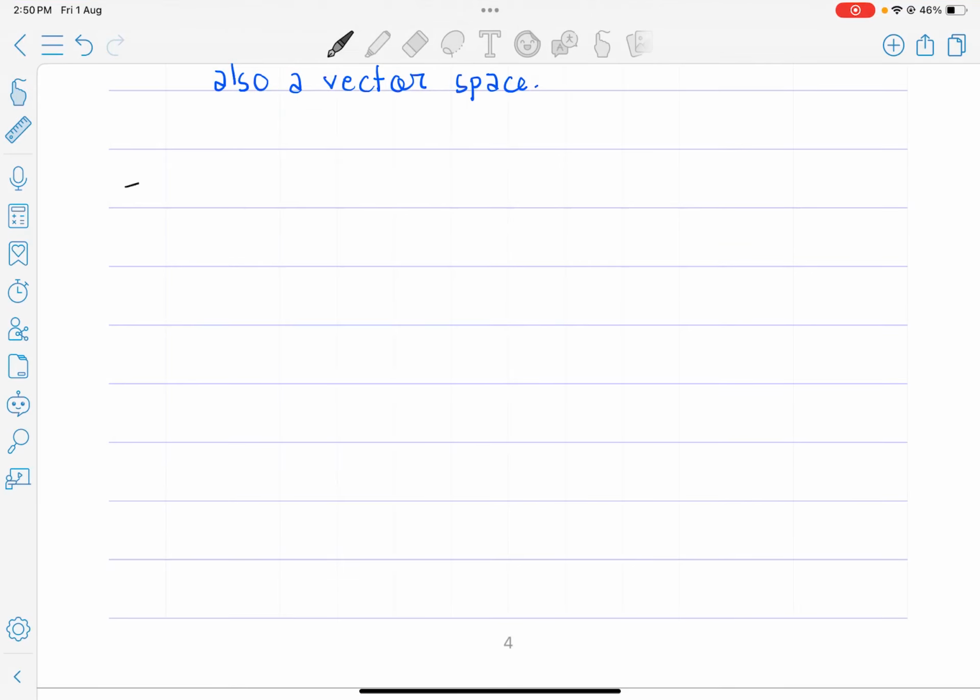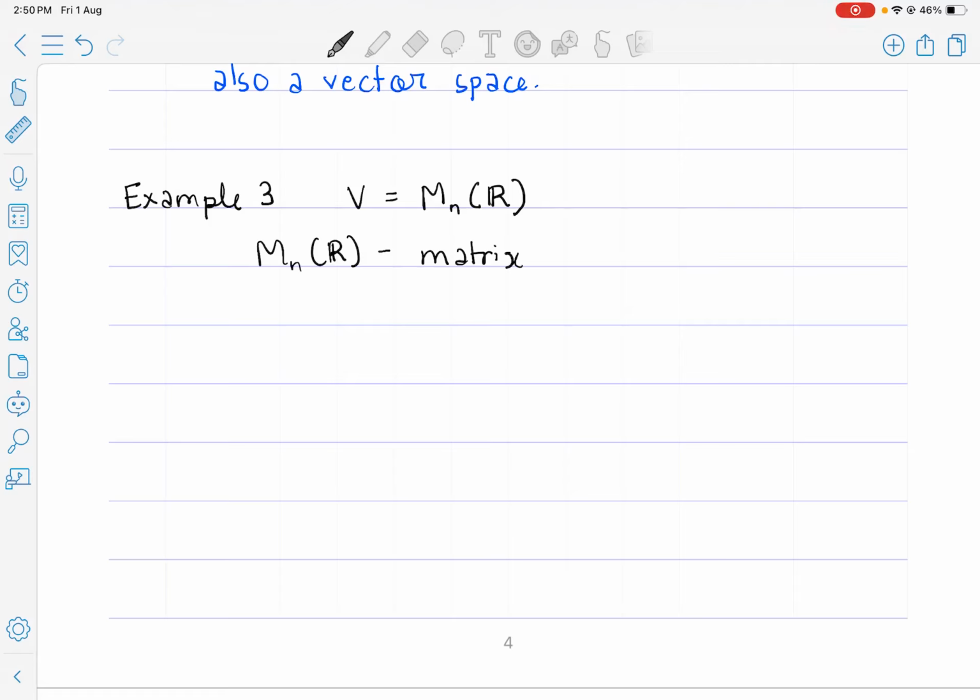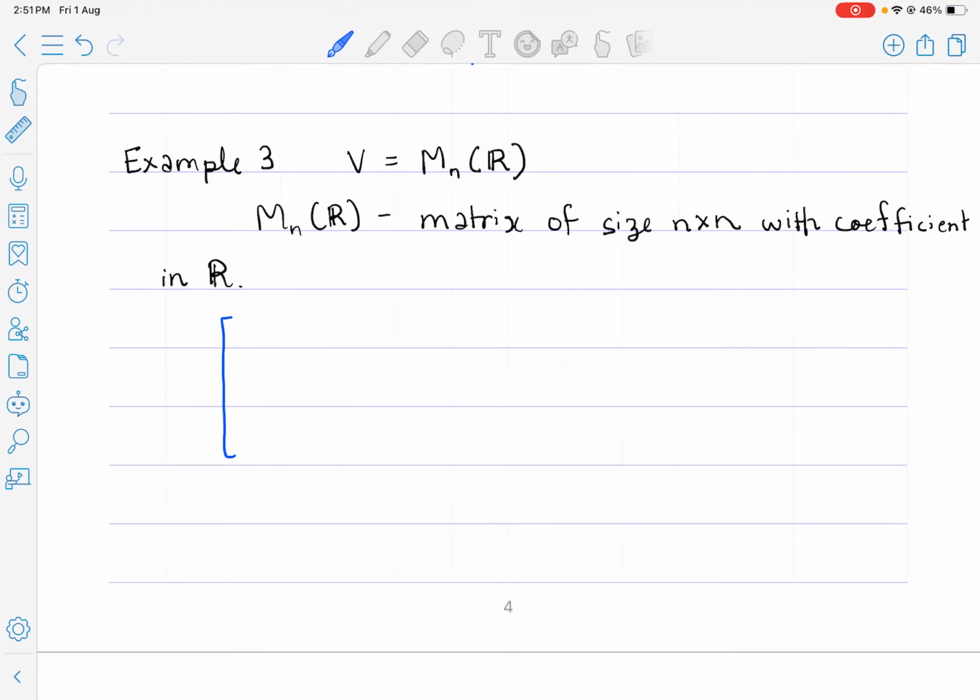Example number 3. In this example, I'm going to consider the vector space denoted by M_n(R), where M_n(R) denotes matrices of size n cross n with coefficients in R. What do I mean by size?